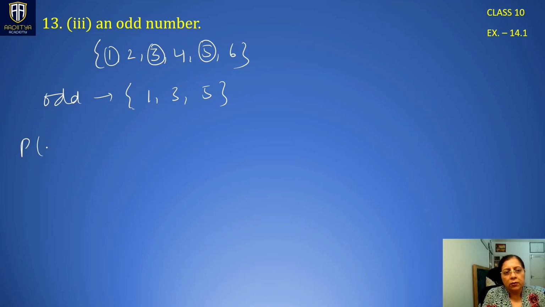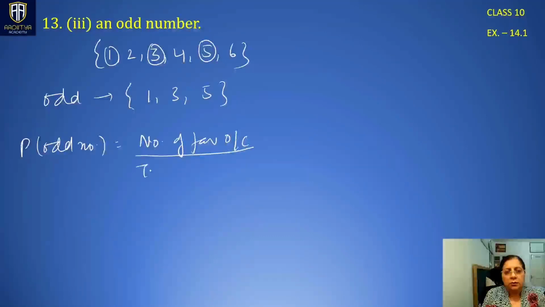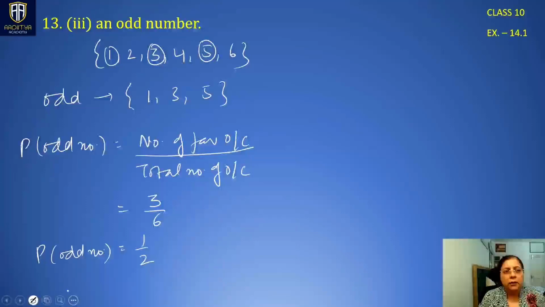So the probability of an odd number is the number of favorable outcomes upon the total number of outcomes. That means favorable are 3, total are 6. So this is 1/2, the probability of an odd number. Right?